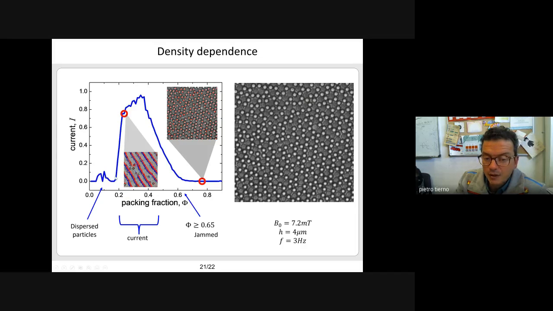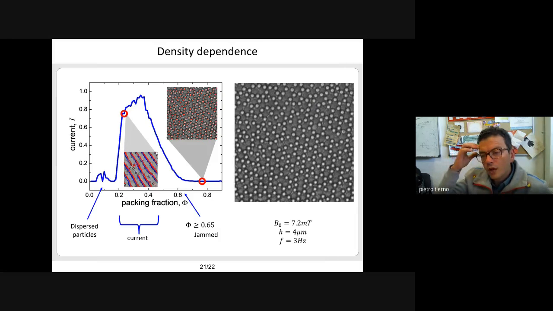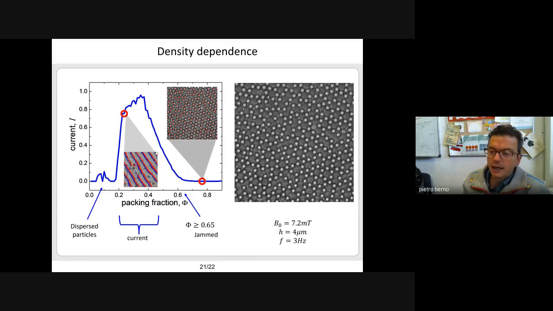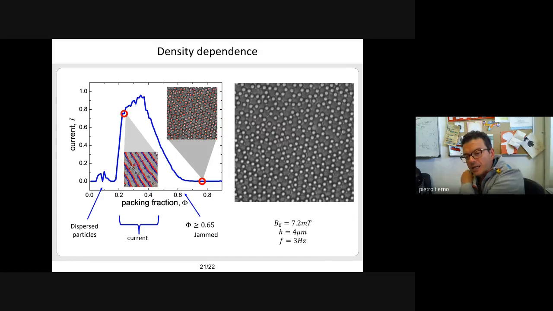Then at a certain packing fraction, you have a rise of the current to its maximum value. You have this bidirectional transport. When you increase the packing fraction more and more, the current starts to decrease until you have a clear jamming of the system and the particles form a binary lattice. The underlying lattice performs rotational motion, the upper lattice as well, but you have no transport, so the current is zero. This is the result from our numerical simulation, and here are two experimental points.